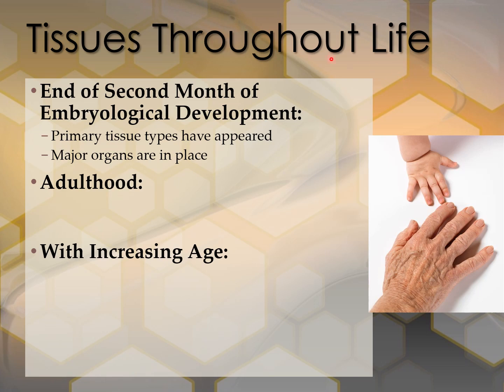So now, how do tissues age? If we look at the embryological development, they're going to come from a germ layer and become a primary tissue type. If you look at the end of the second month of development, so very early on, you've already developed these primary tissue types and even some major organs in place.